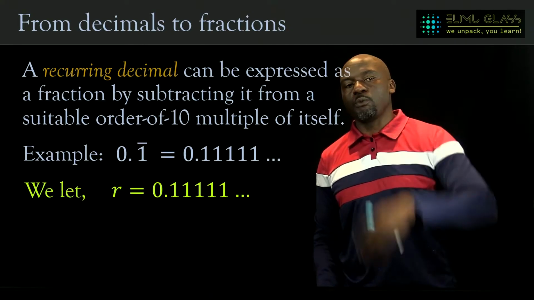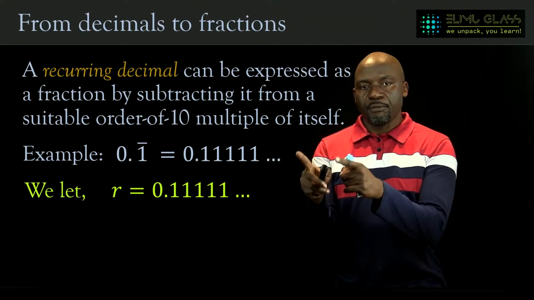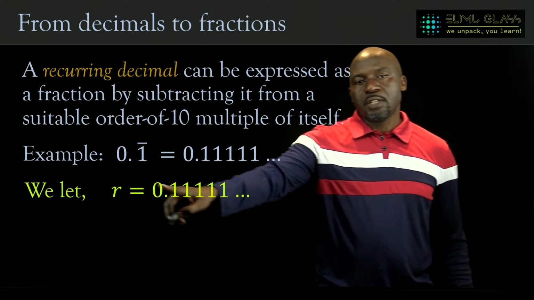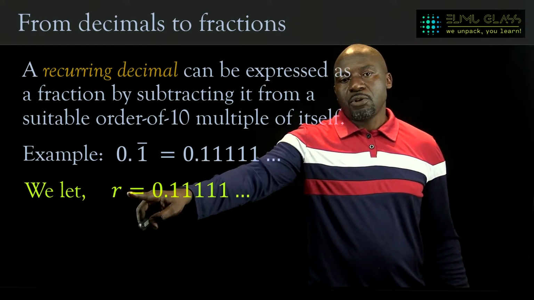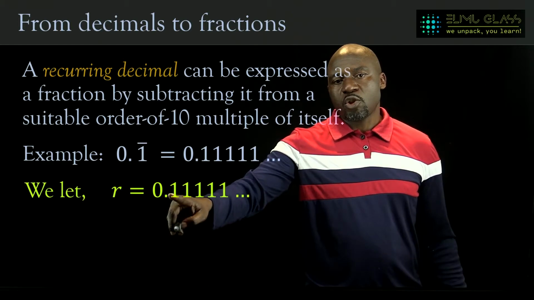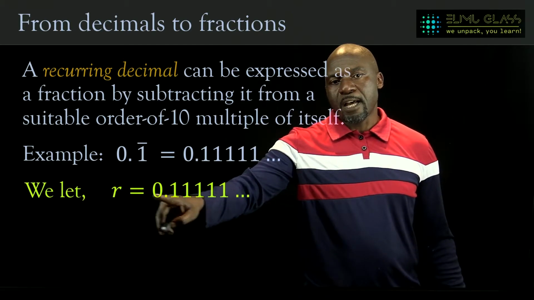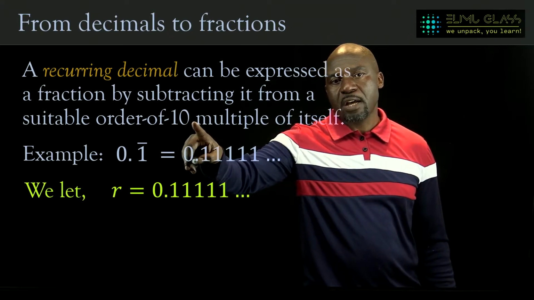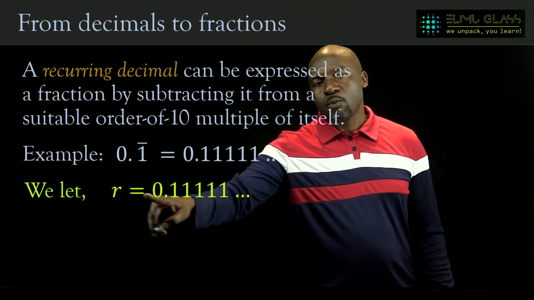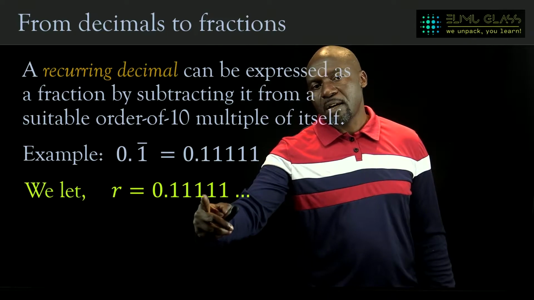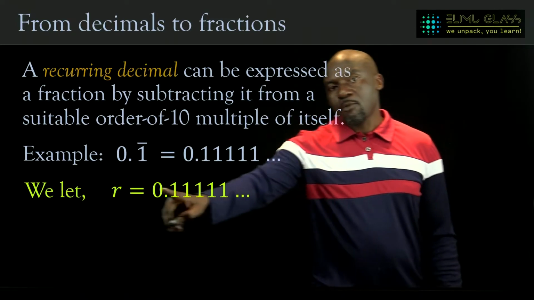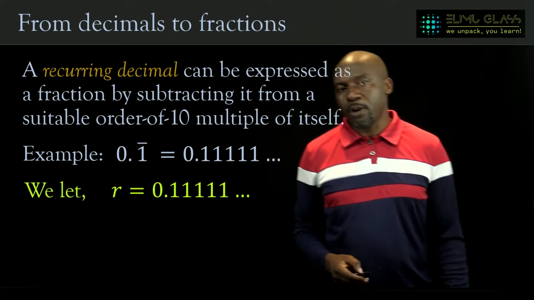That may not make sense to some people, but if I explain it here, it should. This is R. Next we multiply it with a suitable number, an order of 10, so 10 or 100 or 1,000 and so on, so that we have the same order of digits behind the decimal point.